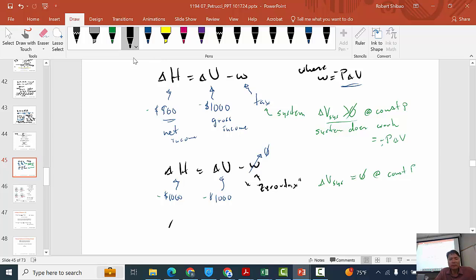And the final scenario is this. This is what everybody would prefer. Everybody would prefer that there was no tax and we just get additional income from the surroundings. So this would be like getting a refund, something where you get more back than you put in.